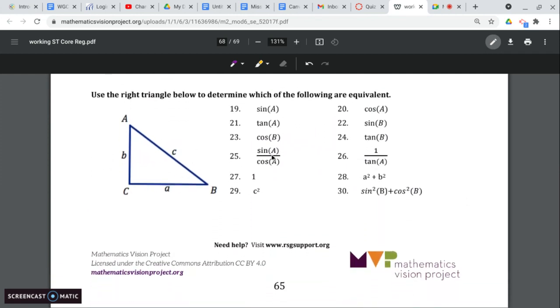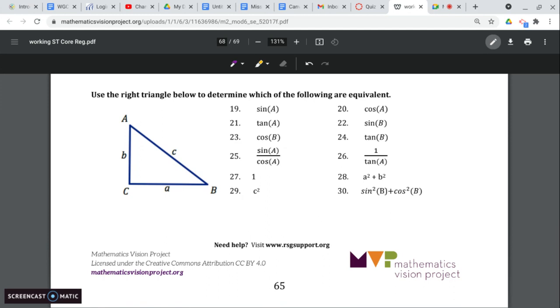All right, the next part, use the right triangle below to determine which of the following are equivalent. So keep in mind those relationships that we looked at and how I always said, this one's the same as this, and this one's the same as this, and this one's just the flip. So think back to those. The two I'm going to do with you are 27 and 29. So 1 equals what?